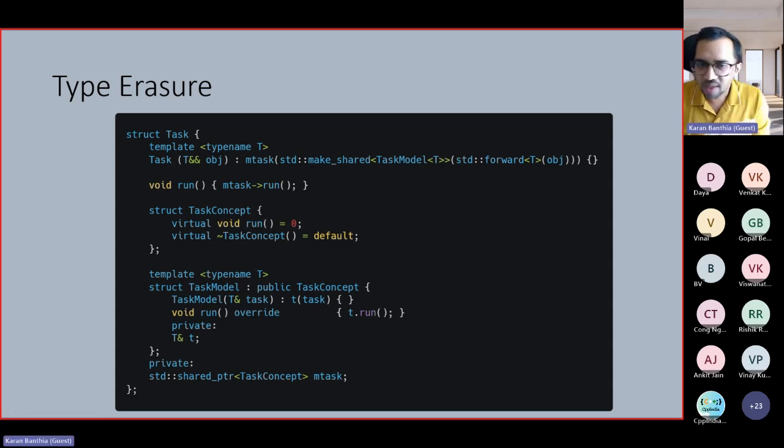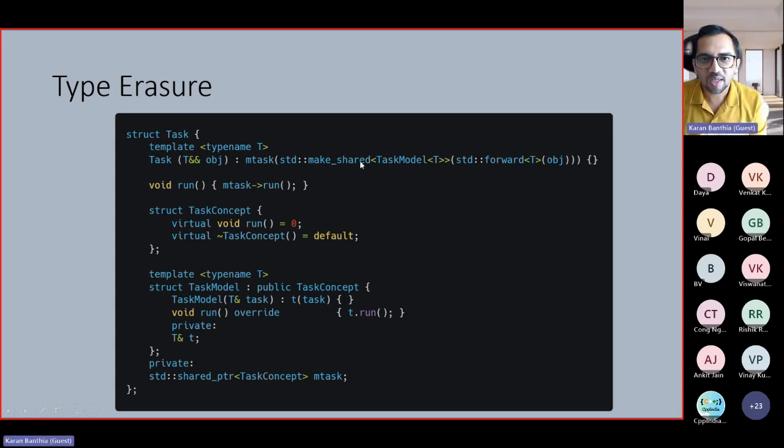And this is being created at runtime. Since I'm using R value reference, I can forward the object. If I use L value reference, then I need the object to be created and then moved probably if I want ownership of it.